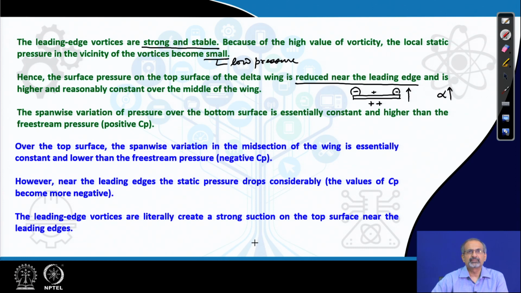Over the top surface, the span-wise variation in the midsection of the wing is essentially constant. So, this is the span-wise variation of Cp, and it is lower than the free stream pressure. That is what we were saying, that it is by and large lower, but it is much lower at these pockets. Near the leading edges, the static pressure drops considerably, and the value of Cp becomes strongly negative.